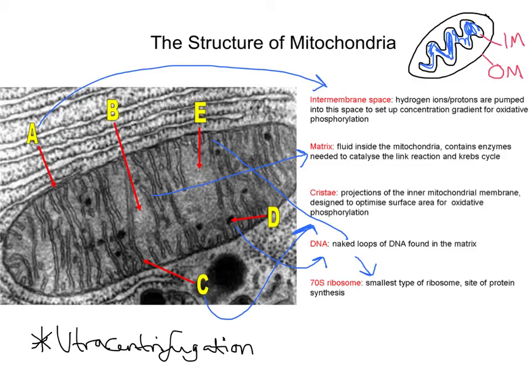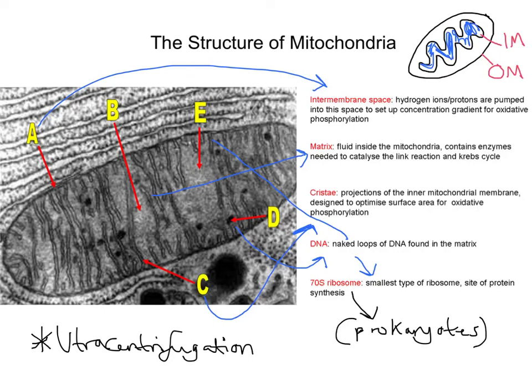And another question that students tend to ask is, based on the fact that ribosomes in the cytoplasm of eukaryotes, so typical animal plant cells, tend to be of the 80S type, when you look at the ribosomes in the matrix of the mitochondria, they're of the 70S type. Now these 70S ribosomes we typically see in prokaryotes, like bacteria, for example.